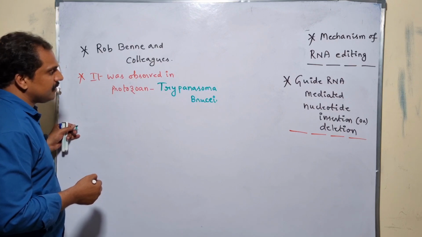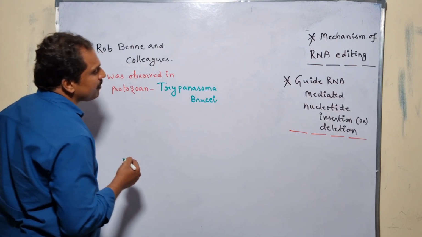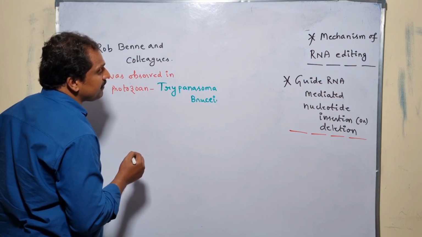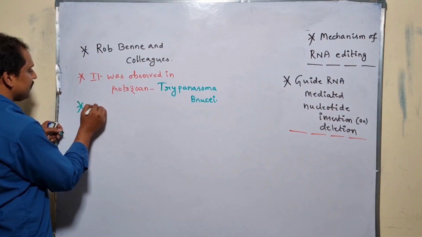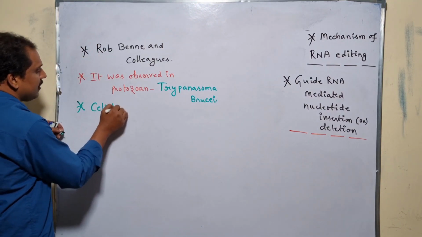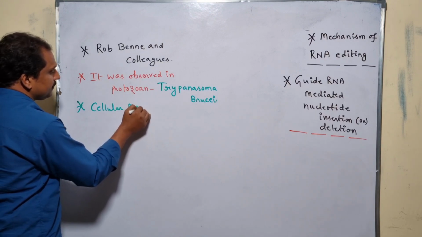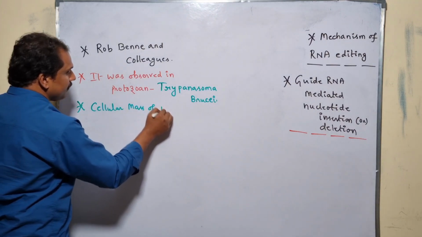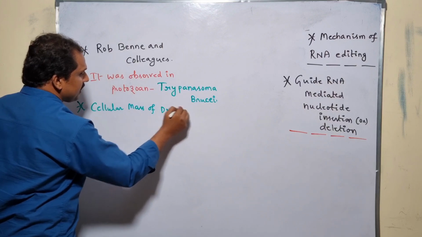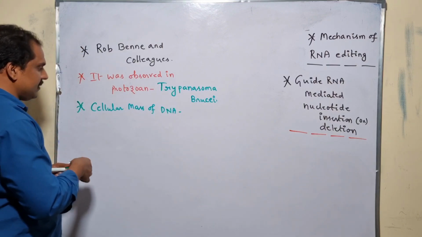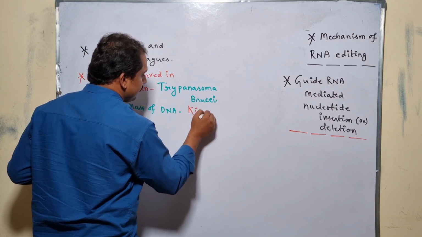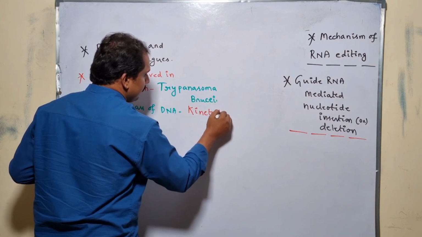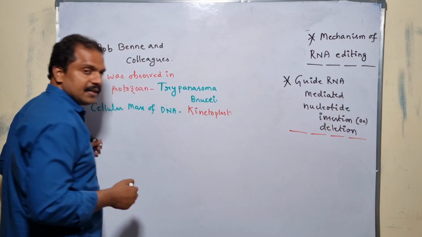Is it clear? So here in case of Trypanosoma brucei, the cellular mass of DNA is termed as what? Kinetoplast. Is it clear?